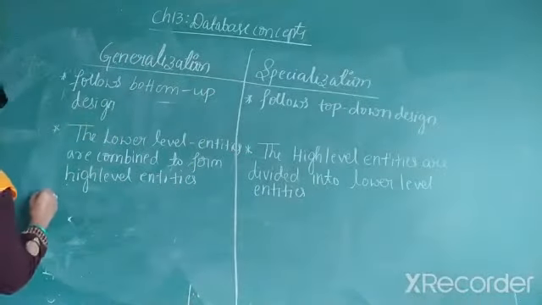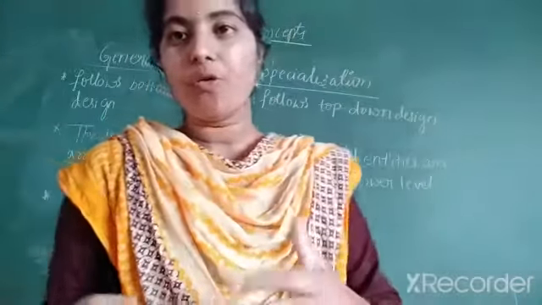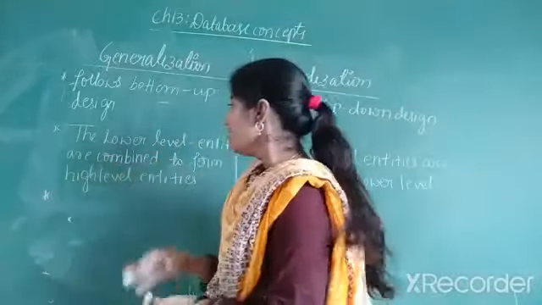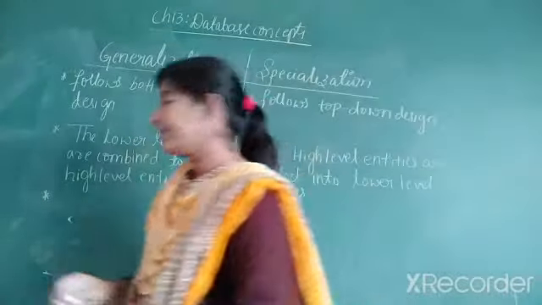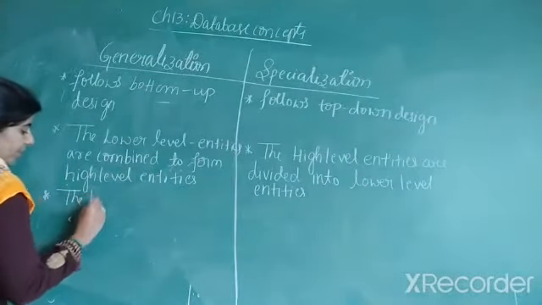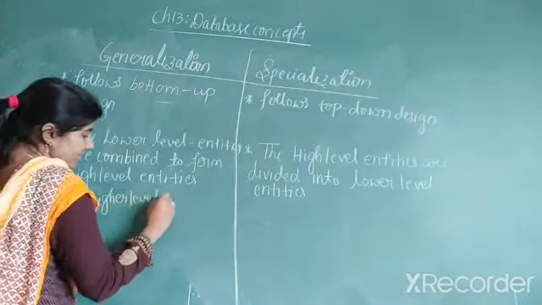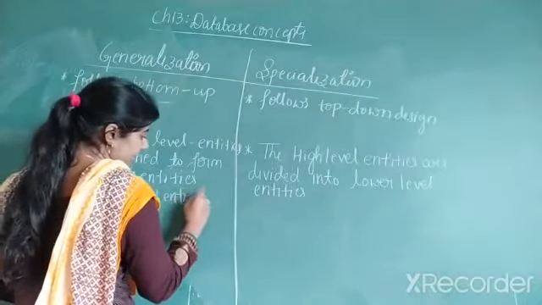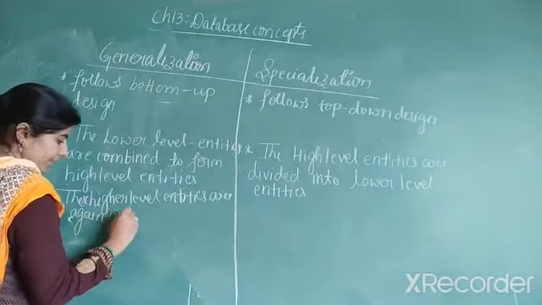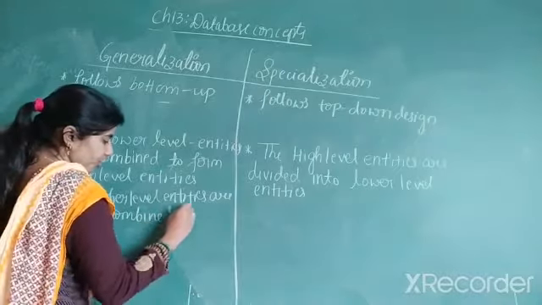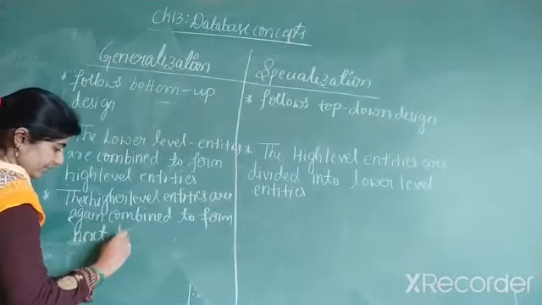And the third difference is that the lower level entities are combined to form higher level entities, and these higher level entities are again combined to form the next higher level entities.